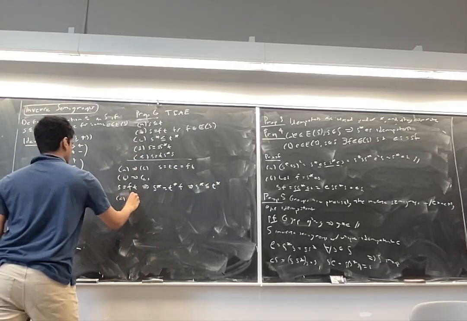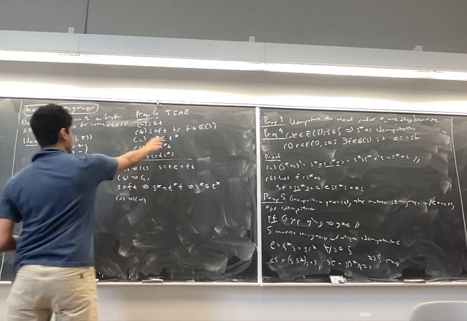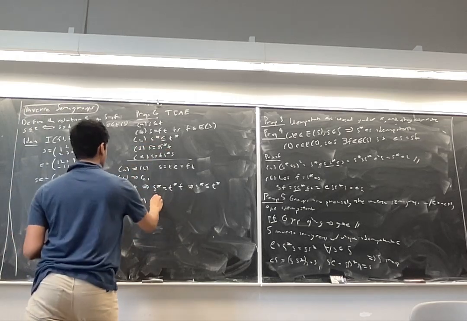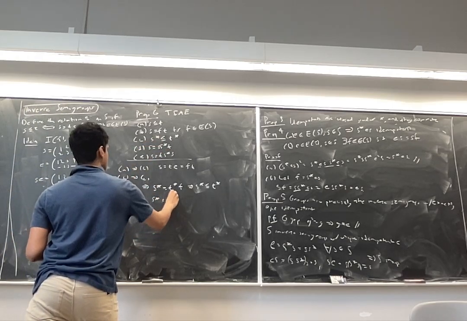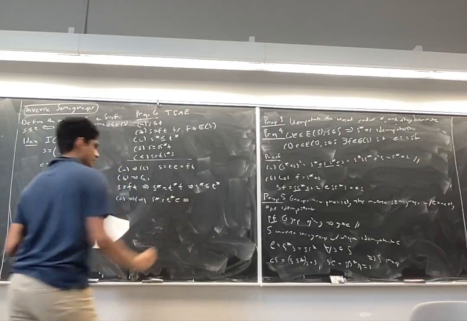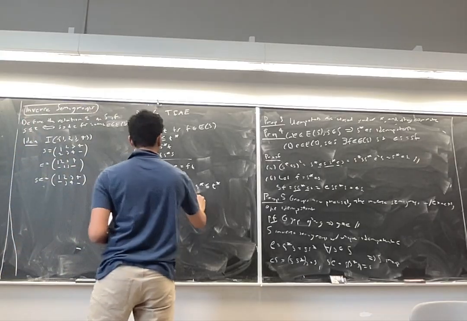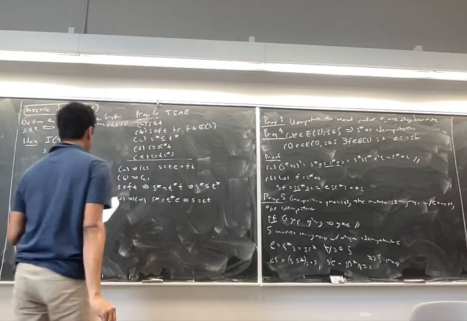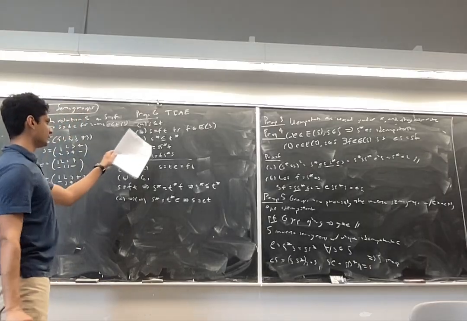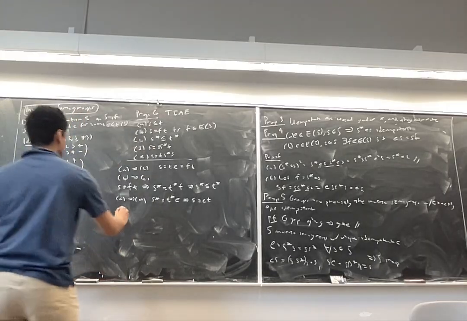C implies D. Okay, so I know S inverse is less than or equal to T inverse, so S inverse is going to be T inverse times some idempotent E. So I'm just going to take inverses, so I get S is equal to ET. Now what we have to do is show that this thing works. So let's do that.